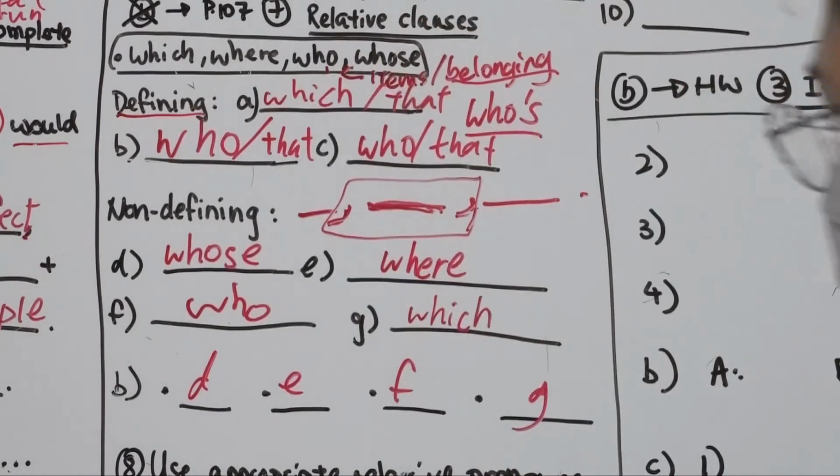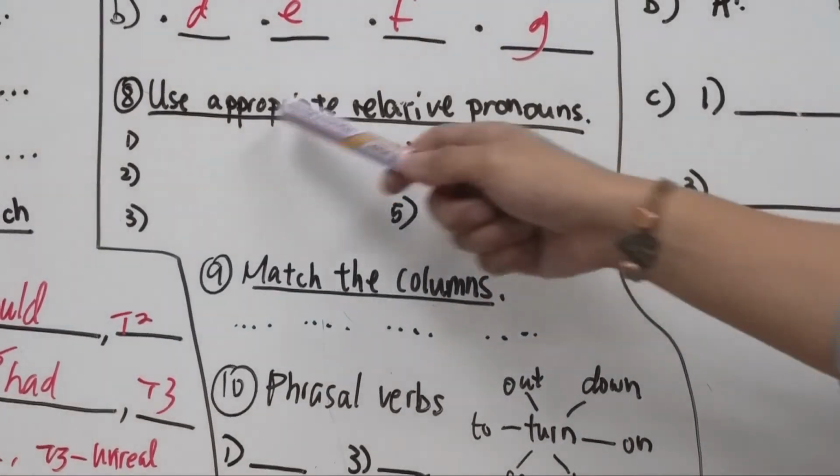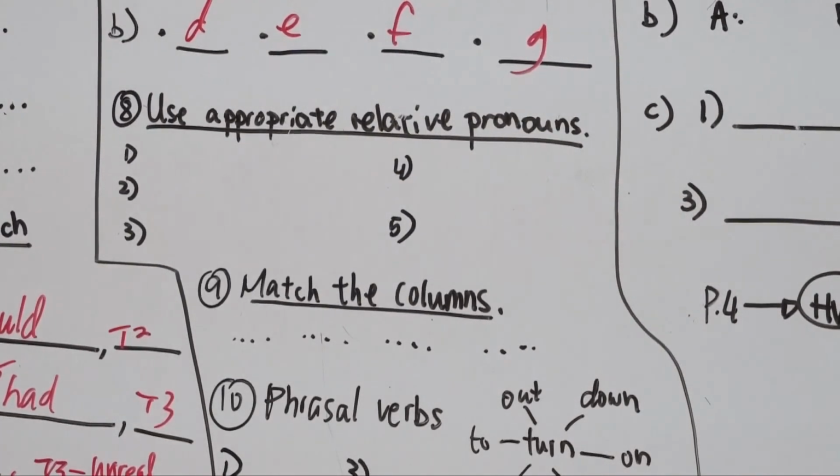Okay? Alright, so use appropriate relative pronouns. Very easy. I'll give you around 30 seconds. Just use 30 seconds, or 30 to 45 seconds. Just use the appropriate relative pronouns. Which, where, who, whose. Whichever you think is correct.